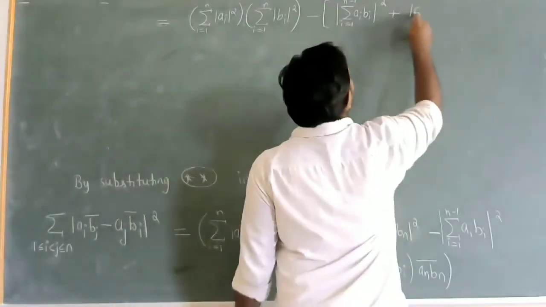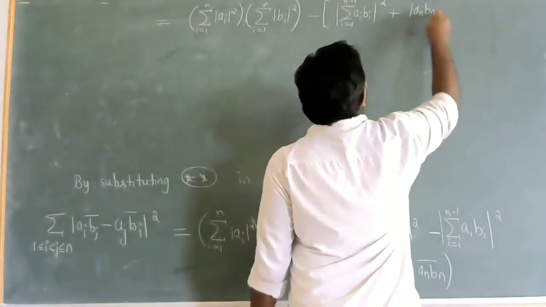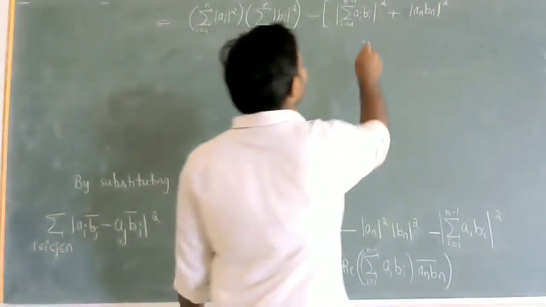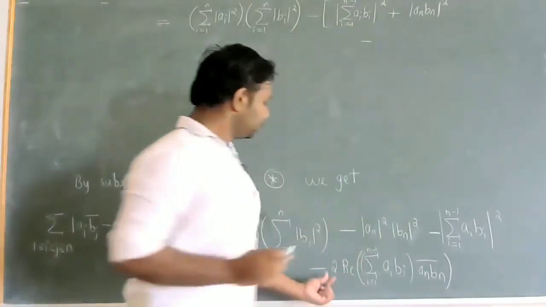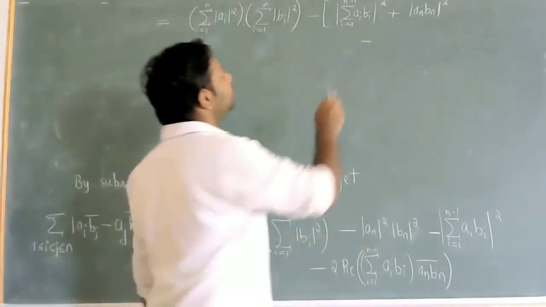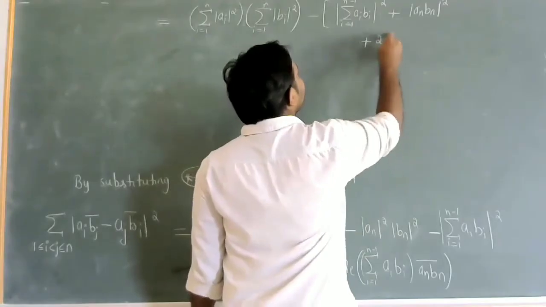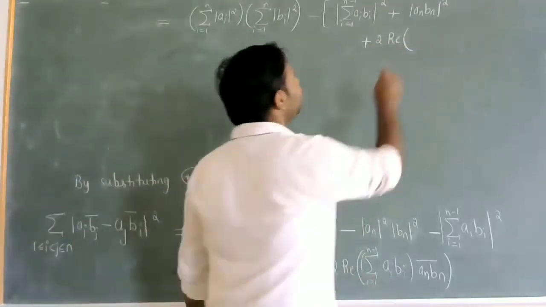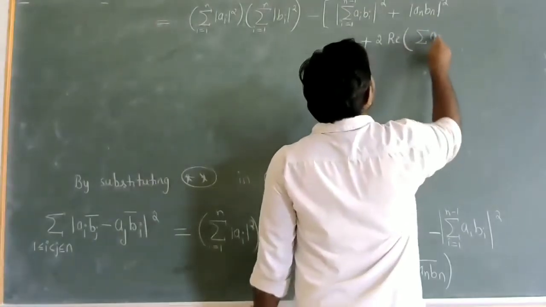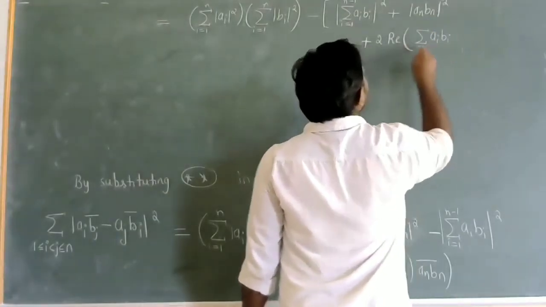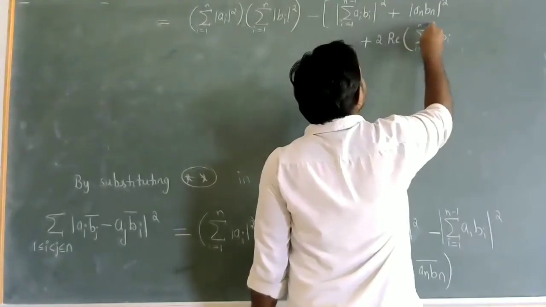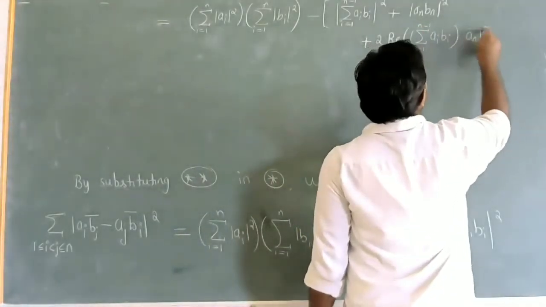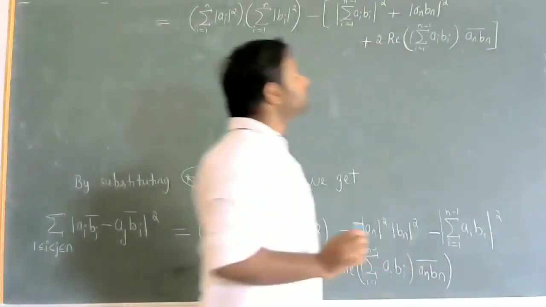So it will be modulus of an bn whole square. So minus, I have taken outside, so it will be plus. So plus 2 into real part of summation ai bi, i running from 1 to n minus 1, into an bn whole bar.